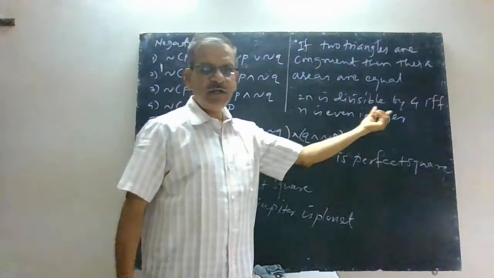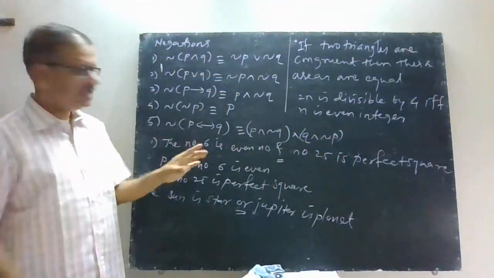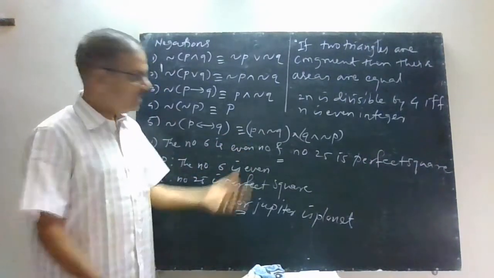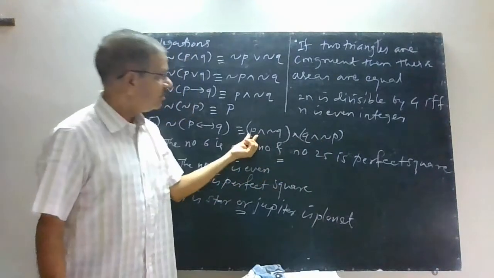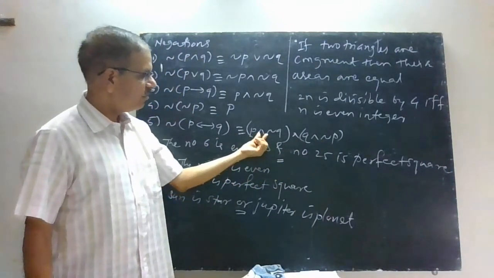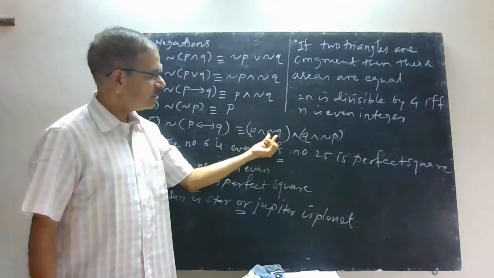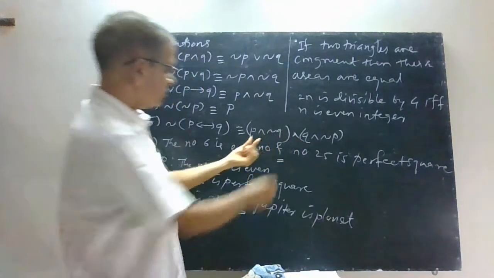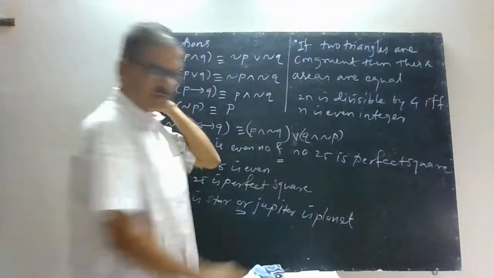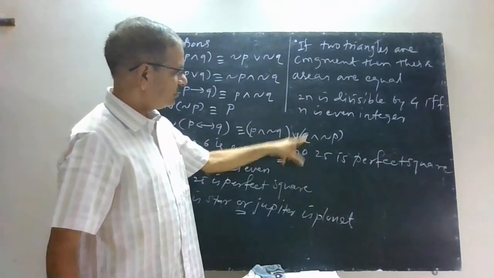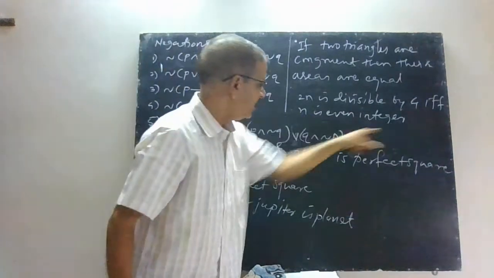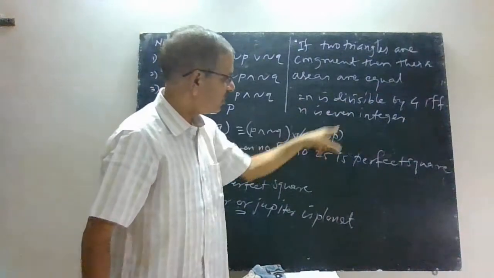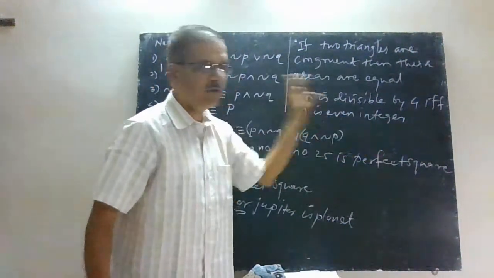Now without any hesitation or without going into its meaning, you will write a statement of this type. 2n is divisible by 4 and n is not an even integer, or here, Q, that means n is an even integer and 2n is not divisible by 4.